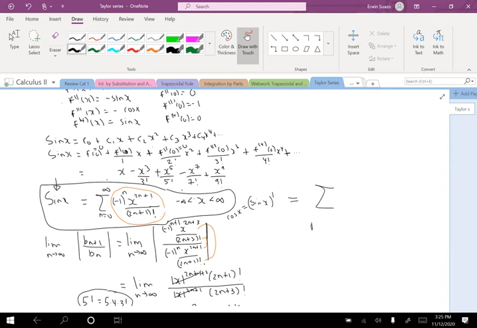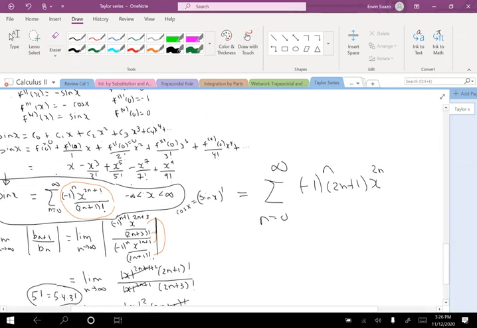Sum from n equals 0 to infinity of minus 1 to the n. What is the derivative of x to the 2n plus 1? It's just 2n plus 1 times x to the 2n plus 1 minus 1, right? Just doing term by term.